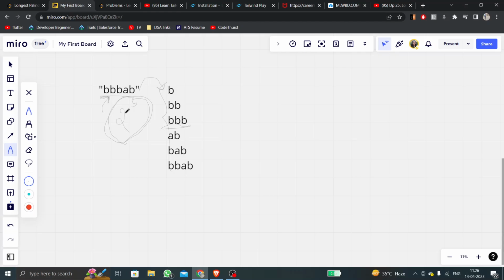But see, this string is a smaller one. It has only 5 characters. If a string with a higher number of characters comes, suppose 2 raised to power 10,000, then the number of subsequences will be exponentially high.